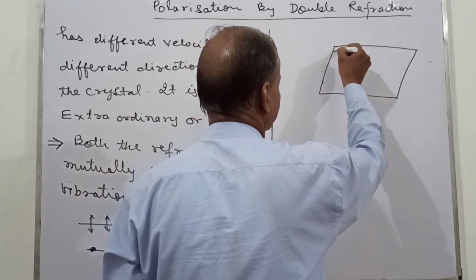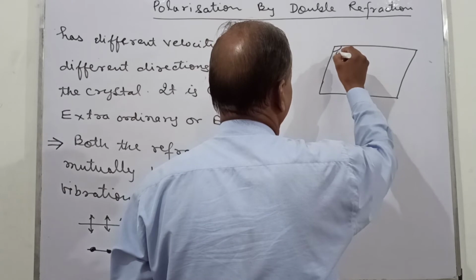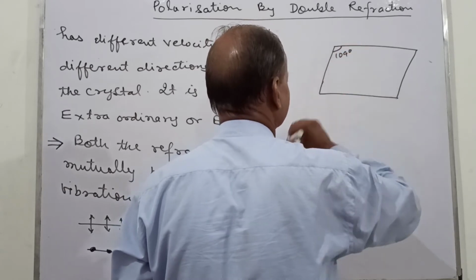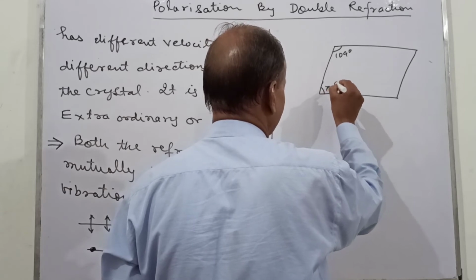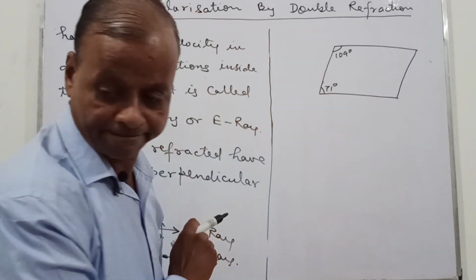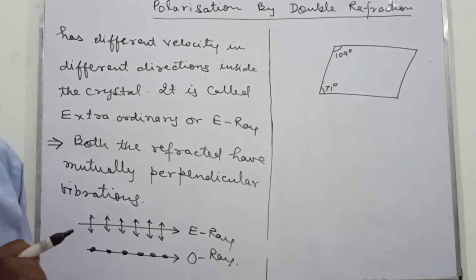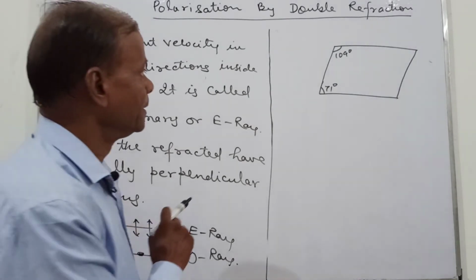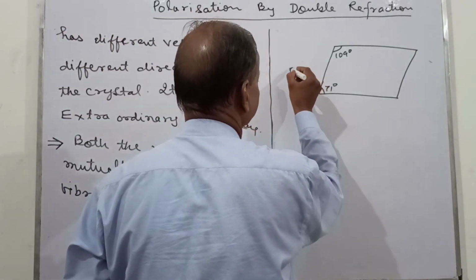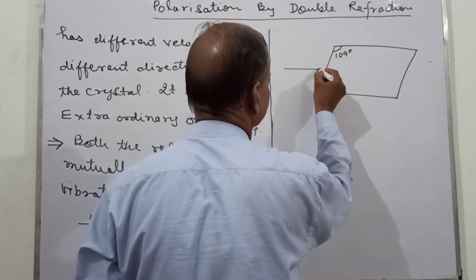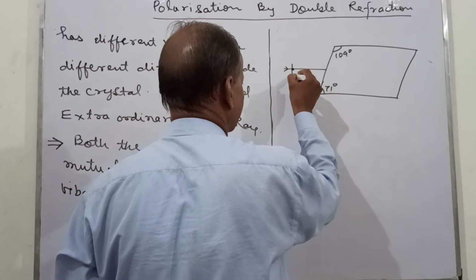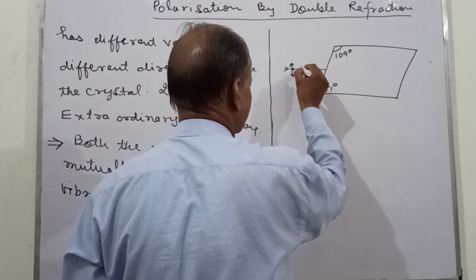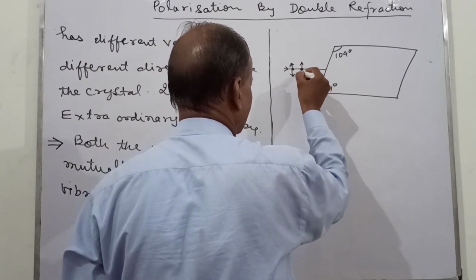This angle is 109 degrees and this is 71 degrees. This is now a calcite crystal. This is the incident ray. It has both the vibrations, arrow and dot.